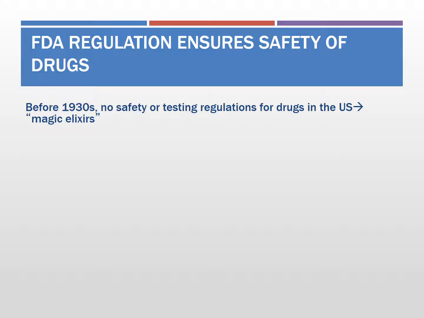So in 1962, the Kefauver-Harris Amendment was implemented, which put much stricter drug regulations into the U.S. markets. The FDA was finally given the power to observe and approve new drugs before they are sent to the markets.